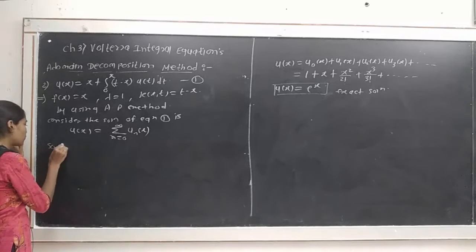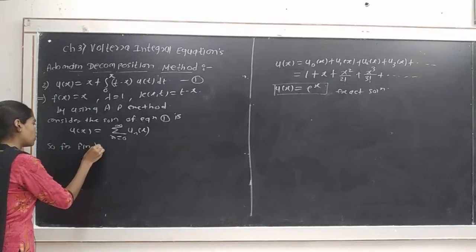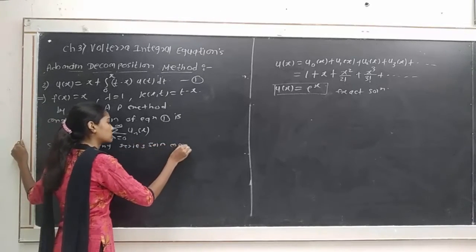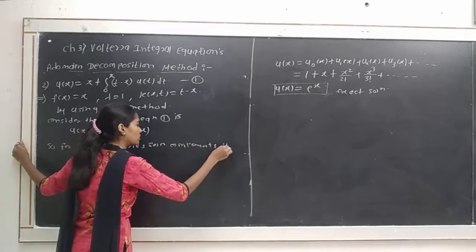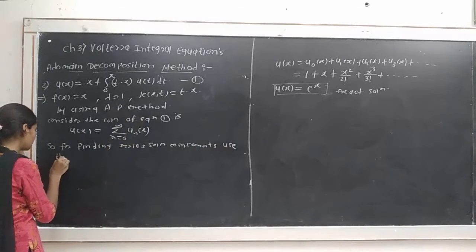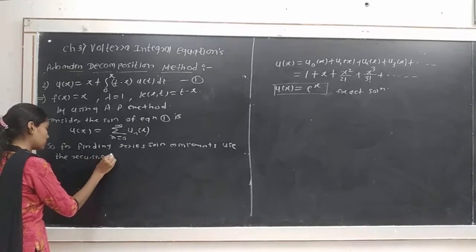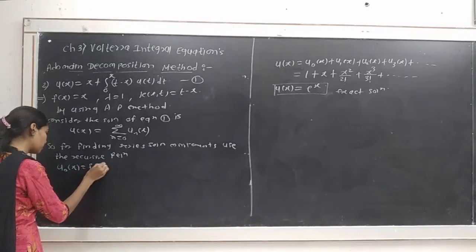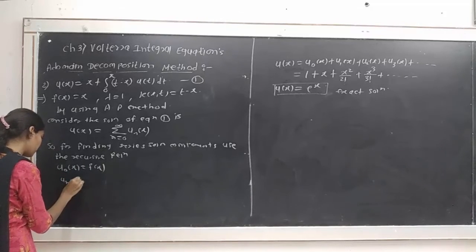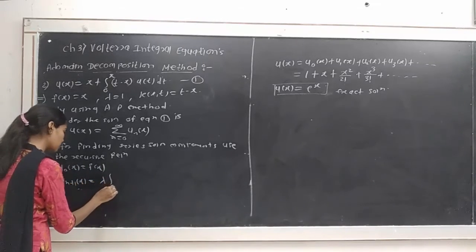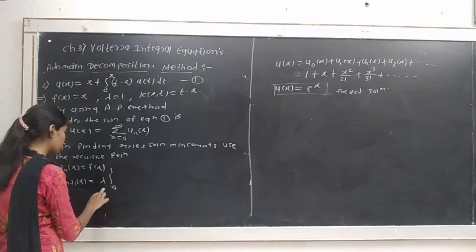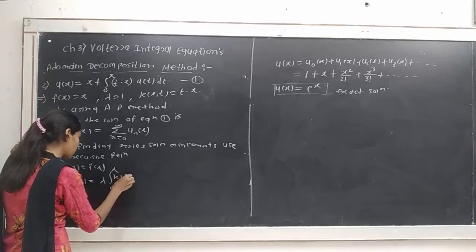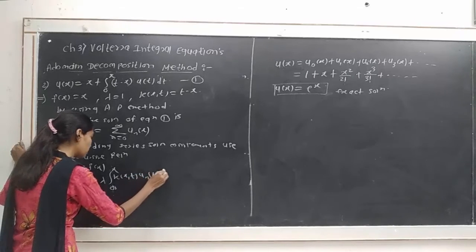For finding series solution components, use the recursive relation: u0(x), the 0th component, is taken as f(x). Then u(n+1)(x) is equal to lambda integration from 0 to x of k(x,t) un(t) dt.